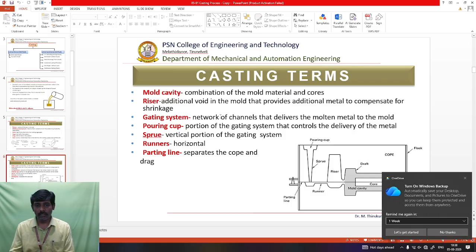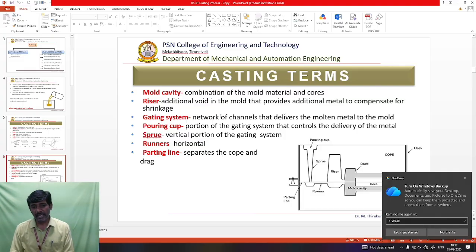We should avoid these voids through the risers, which provide additional metal to compensate for shrinkages. These are very important points to avoid excess dimensions. We should keep the exact dimension with the help of the excess material in the risers.